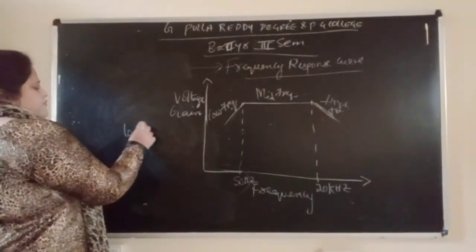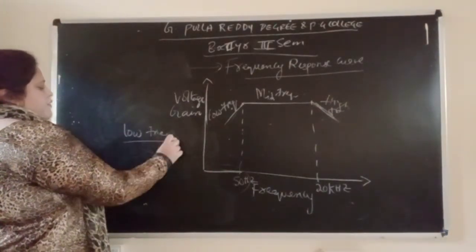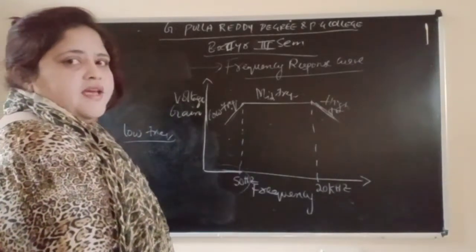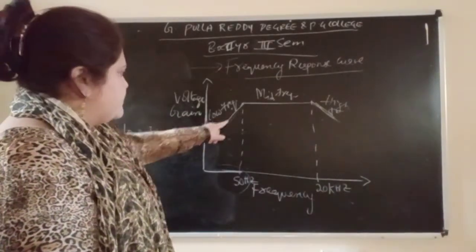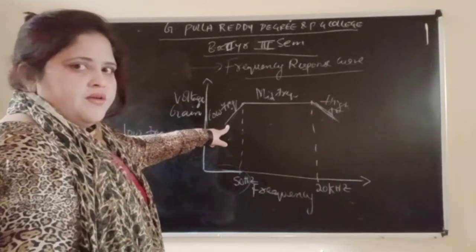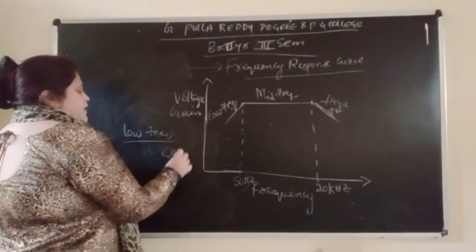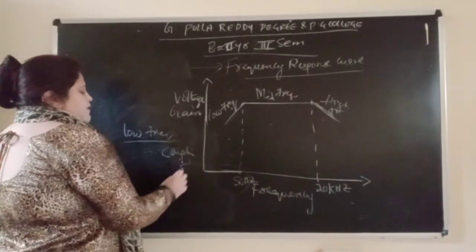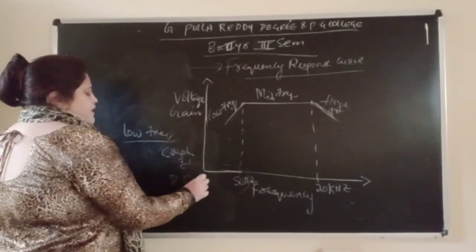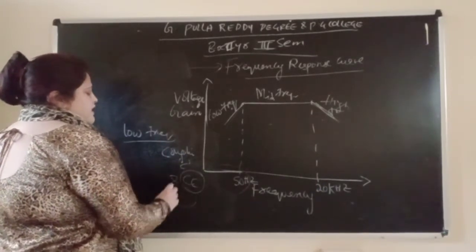Low frequency. In low frequency the gain will decrease, it will fall down, due to two things: the coupling capacitor C and the emitter bypass capacitor CE.